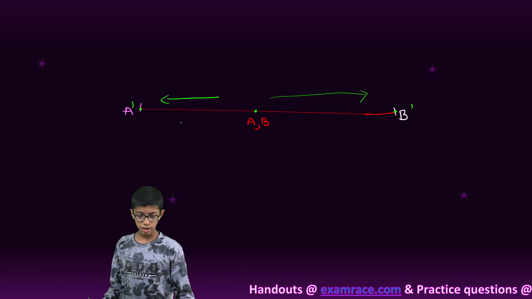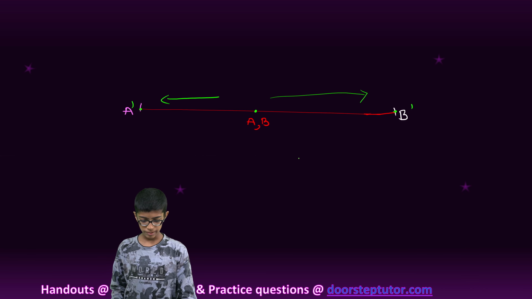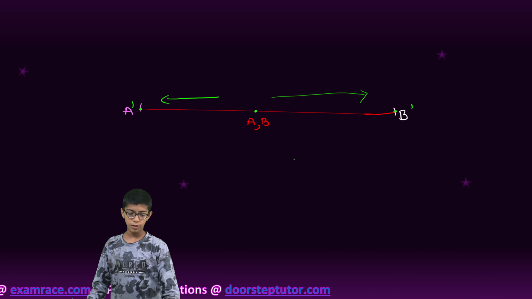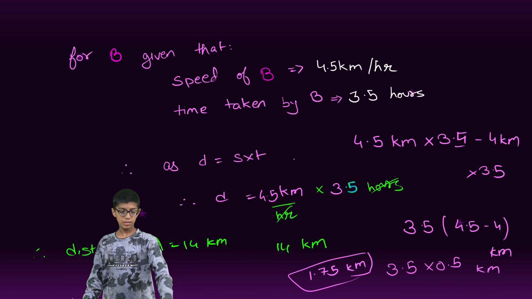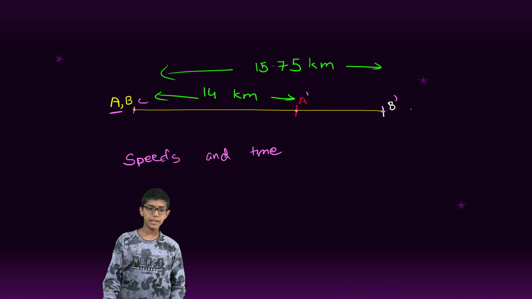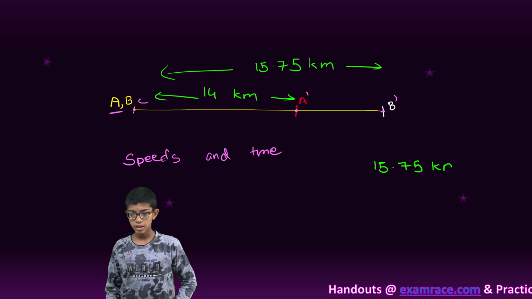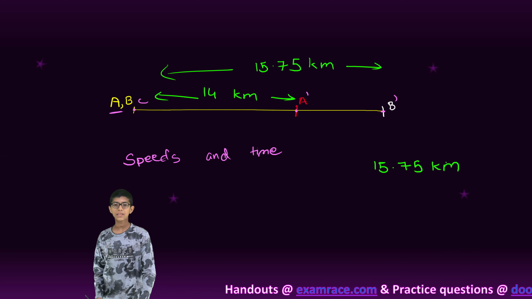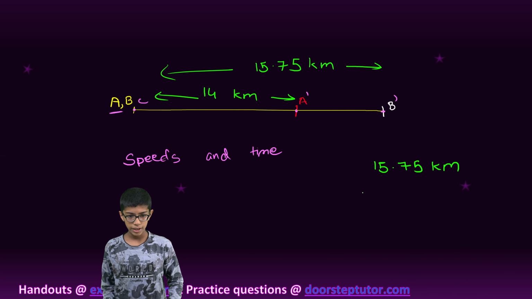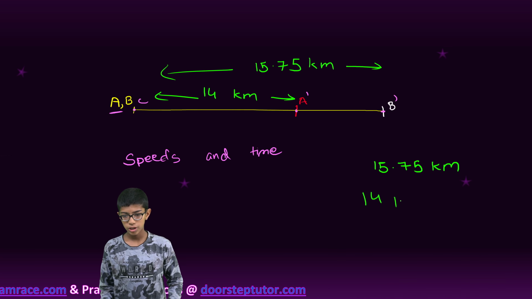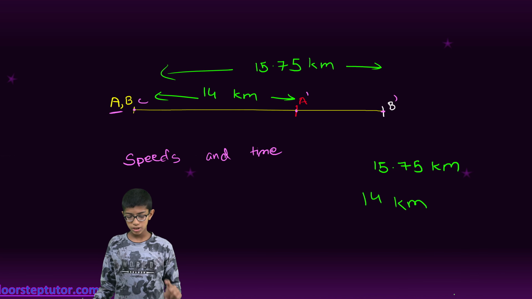Now, instead of calculating again, if it is a long answer, we definitely have to calculate. But here, only for the purpose of obtaining an answer, we get from this data that B travels a distance of 15.75 kilometers in 3.5 hours at a speed of 4.5 kilometers per hour, and A travels a distance of 14 kilometers at the speed of 4 kilometers per hour in 3.5 hours.